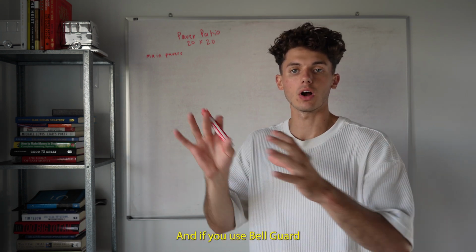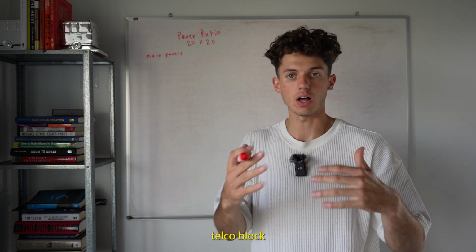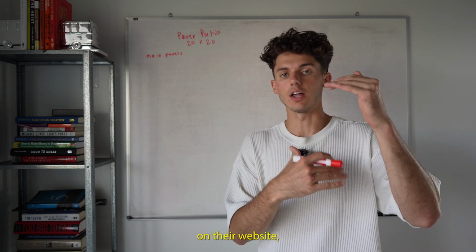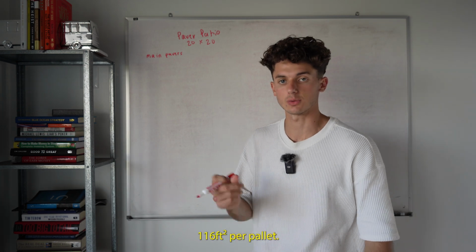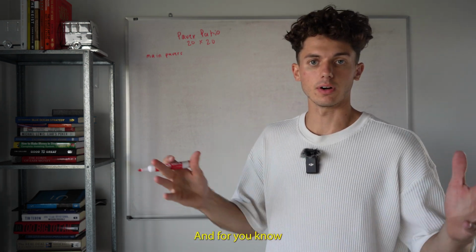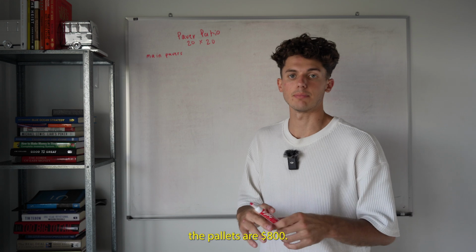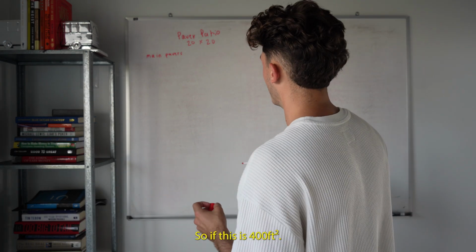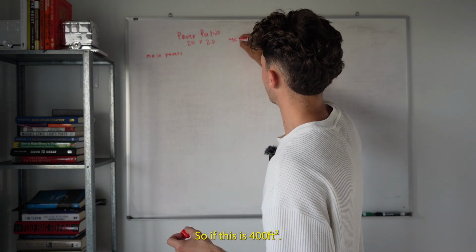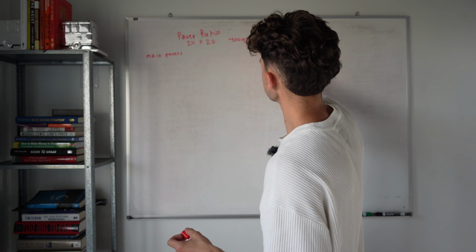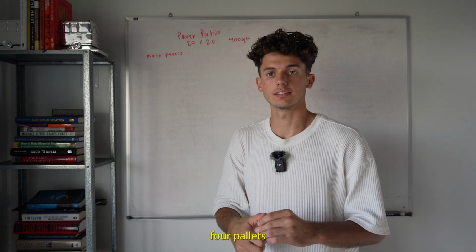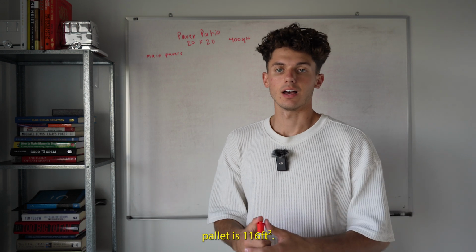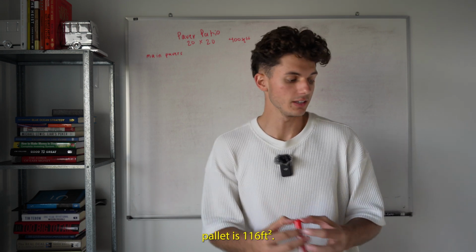And if you use Belgard or Techo-Bloc or any other company like this, on their website, they'll have the square foot per pallet. So Unilock's 116 square feet per pallet. And for this example, let's say the pallets are $800. So if this is 400 square feet, we are going to need 4 pallets because each pallet is 116 square feet.